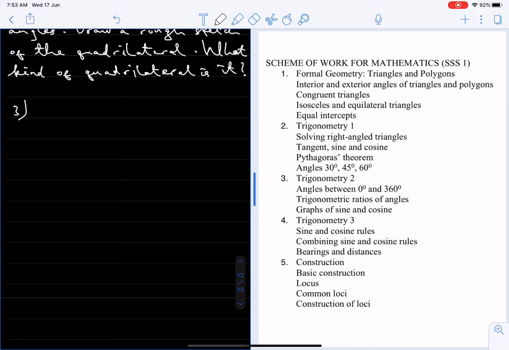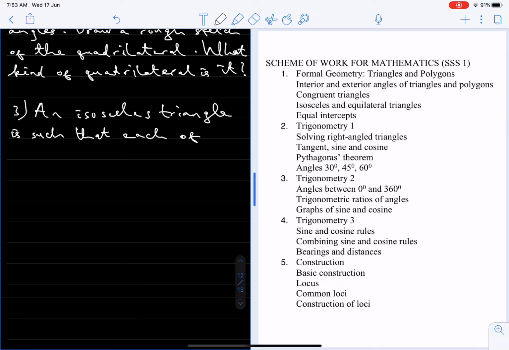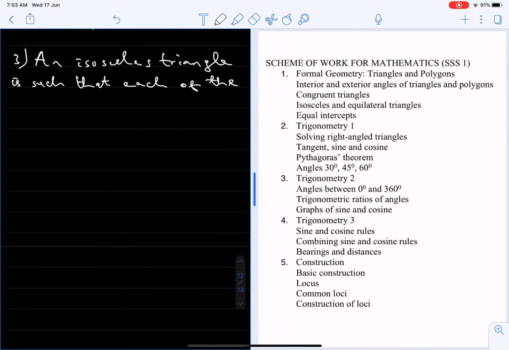An isosceles triangle is such that each of the base angles is twice the vertical angle.